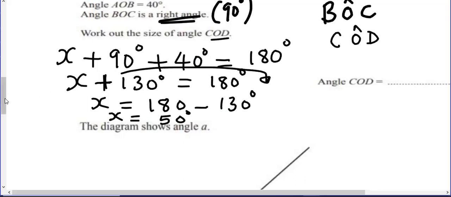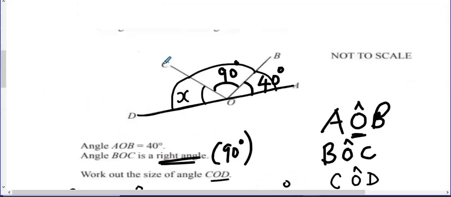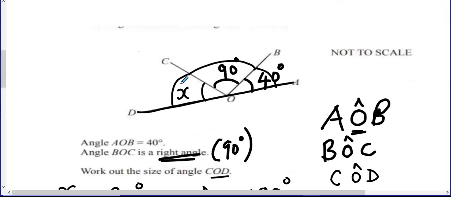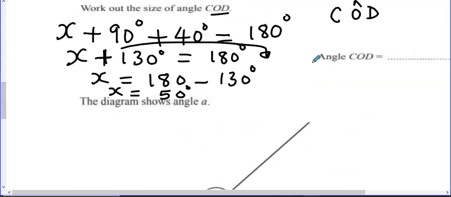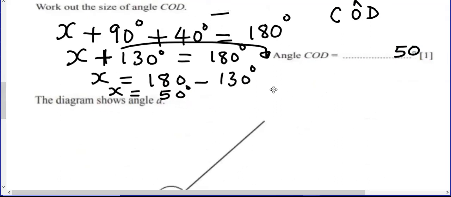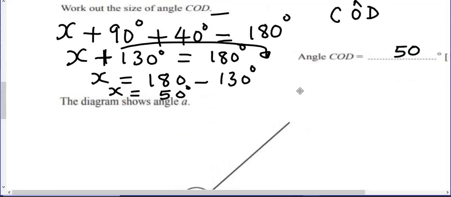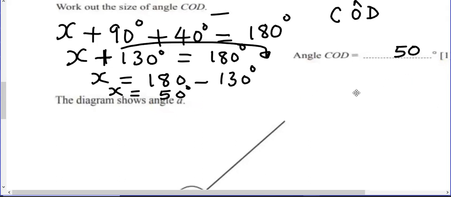Angle COD is 50 degrees. Here you write angle COD is 50, and since the degree symbol is already there, just write 50.